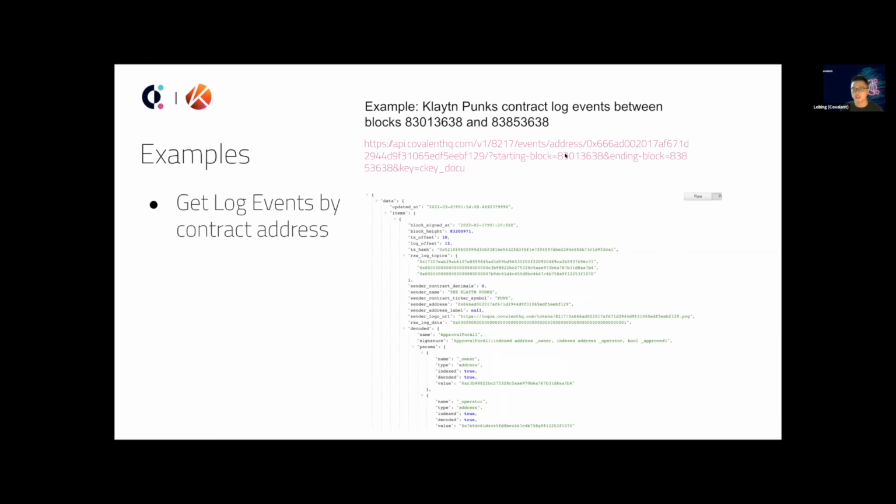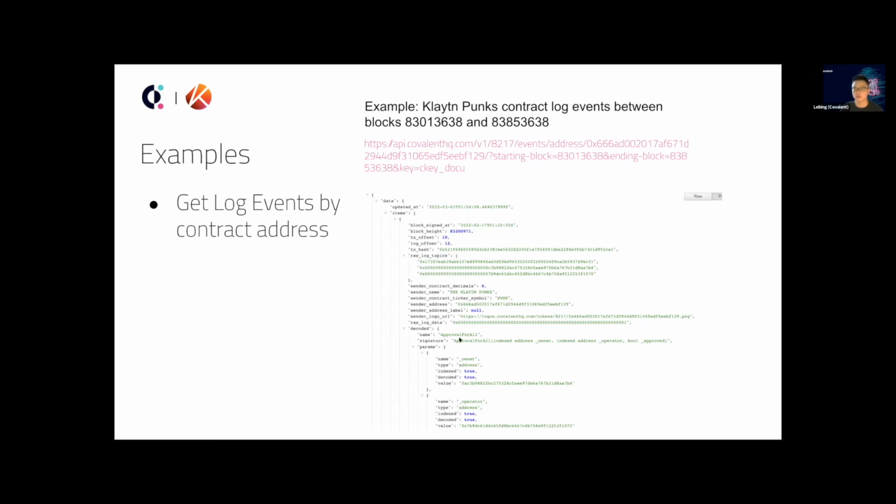And within each smart contract itself, data is often stored in its log events. So here I use the Klaytn Punk smart contract to get all the log events that that contract has emitted. So here you see that there is the decoded log event here, and it is an approval for all method.